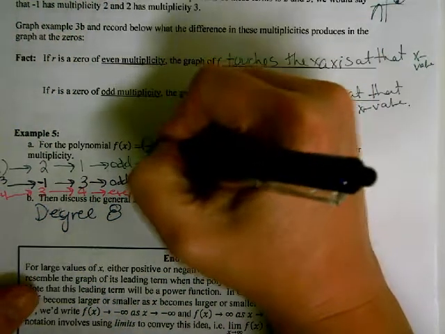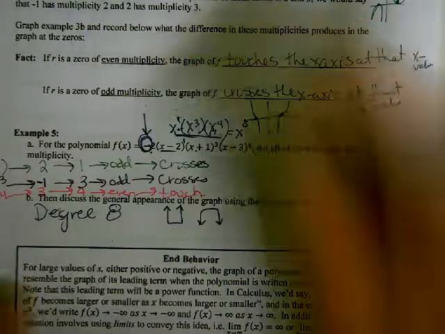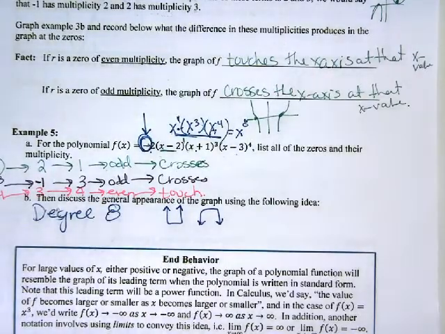By remembering this transformation right here. If there is a negative number right there on the outside, it means that you reflected this over the x-axis.